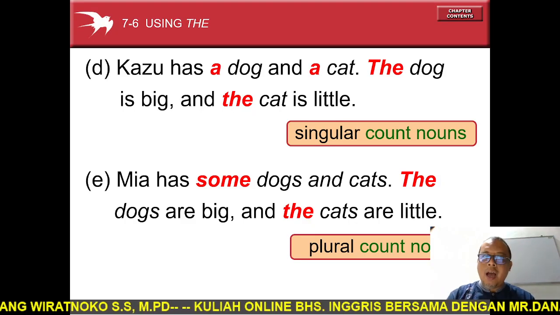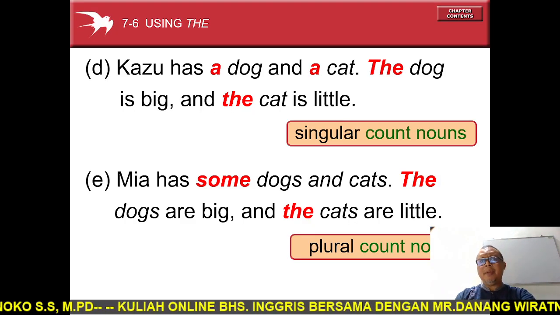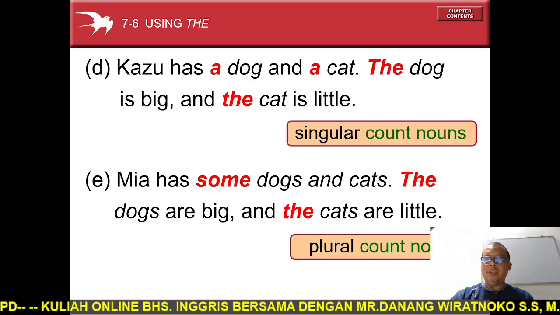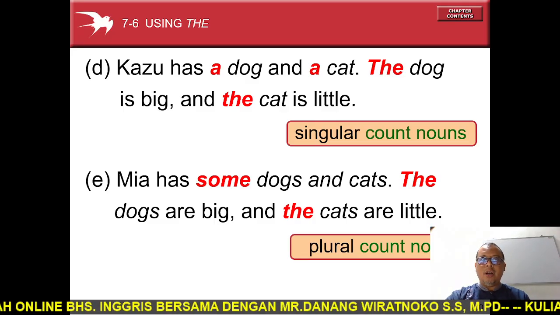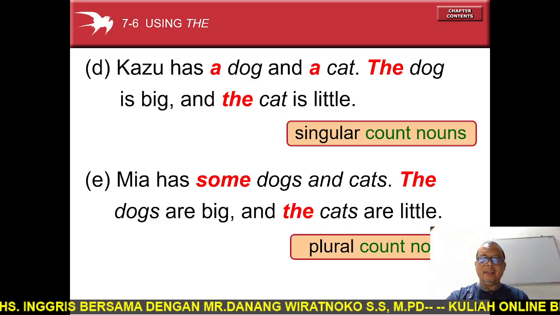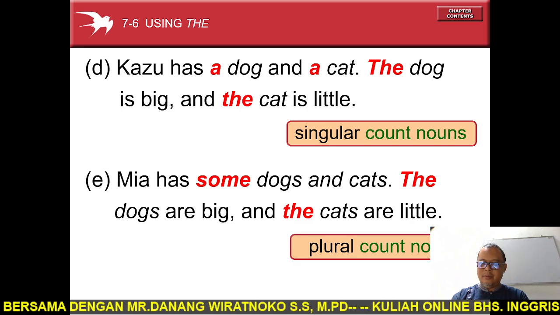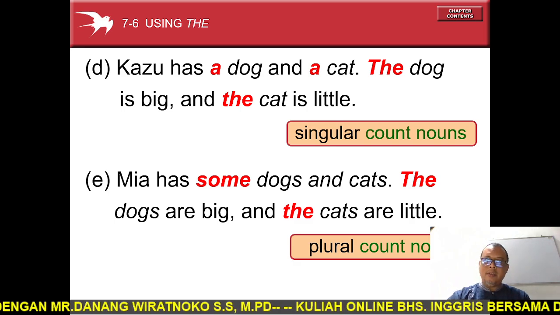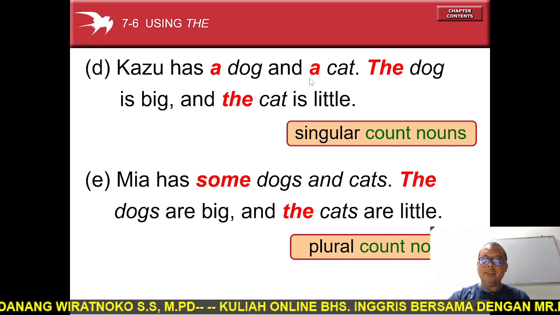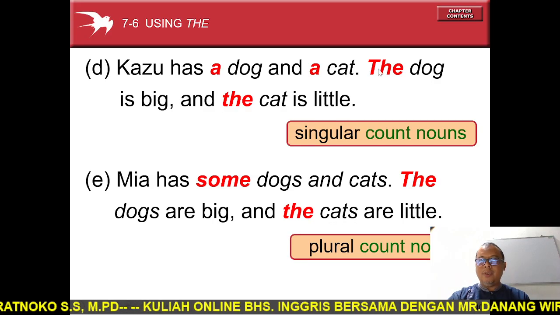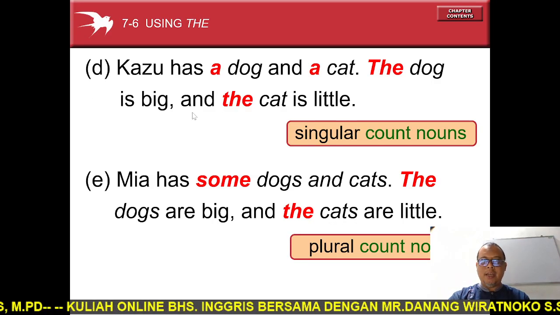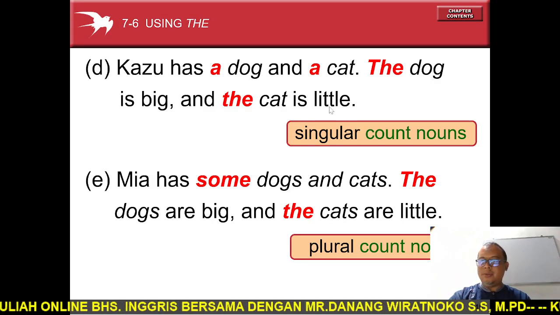Beda halnya kalau kalimat yang kedua ini kita mengucapkan Kazu has a dog and a cat. And then we say a dog is big and a cat is little. No, we don't say that.